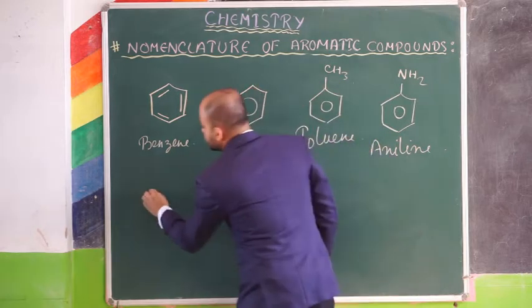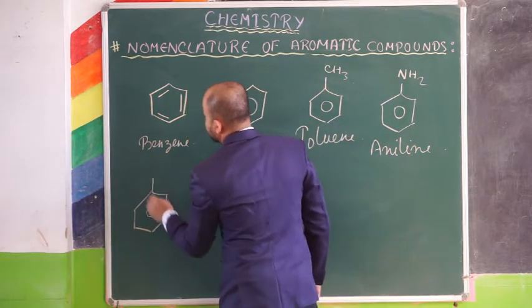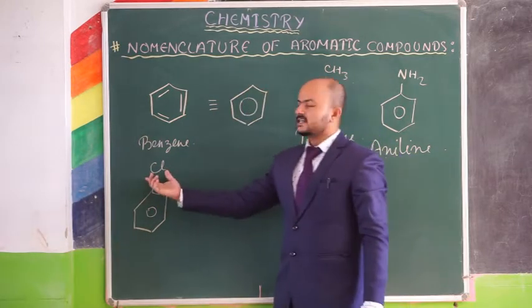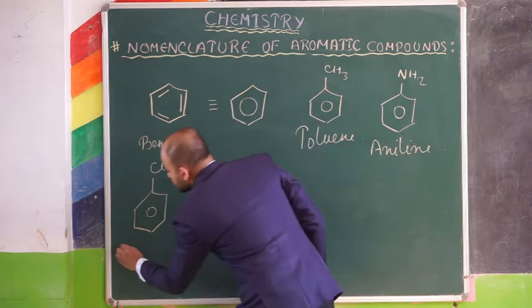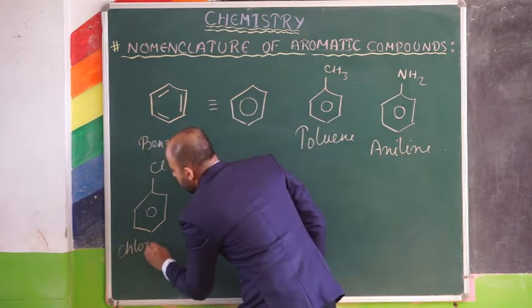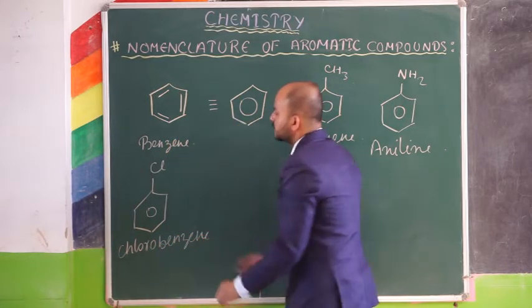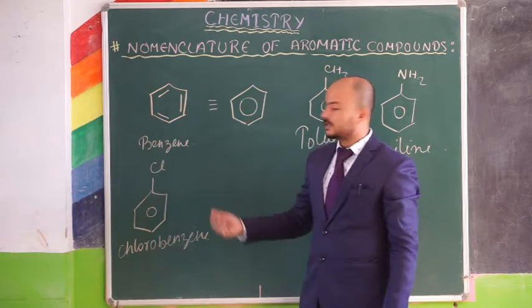Similarly, a benzene ring with a halogen, say chlorine, is named chlorobenzene. If instead of chlorine you have bromine, it will be bromobenzene.